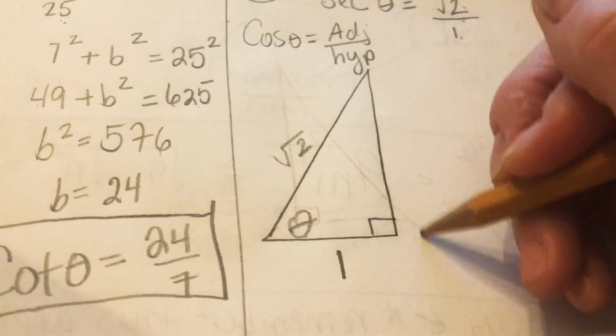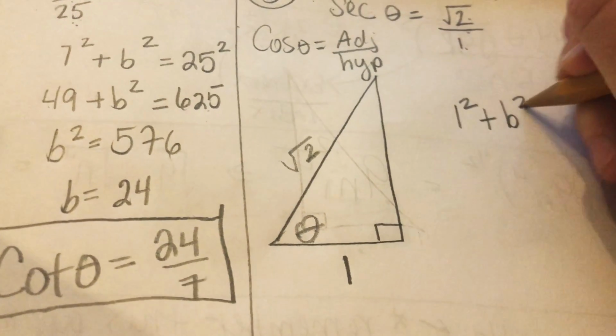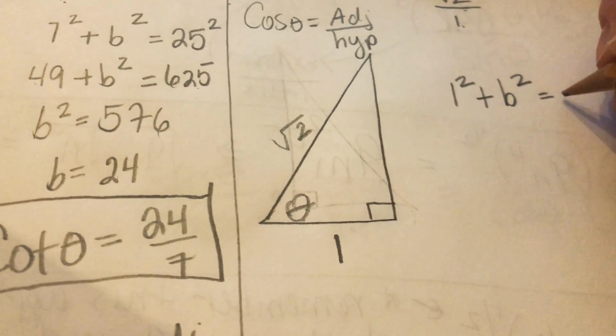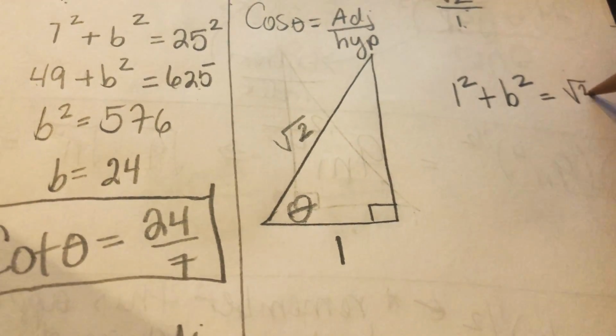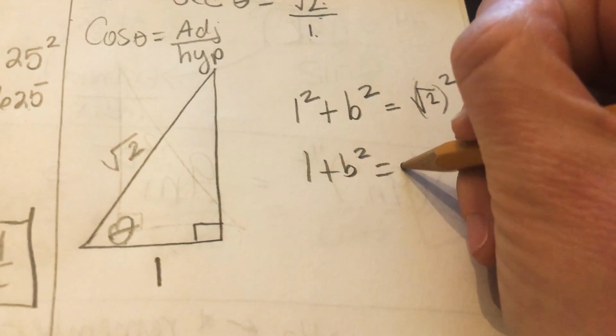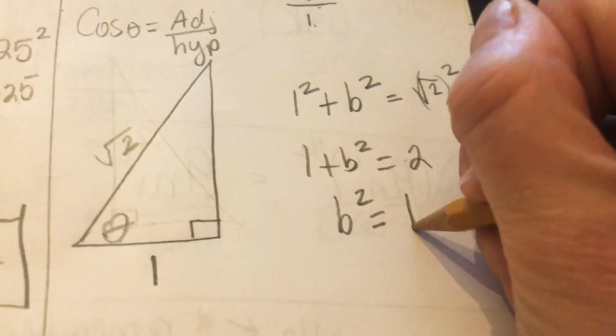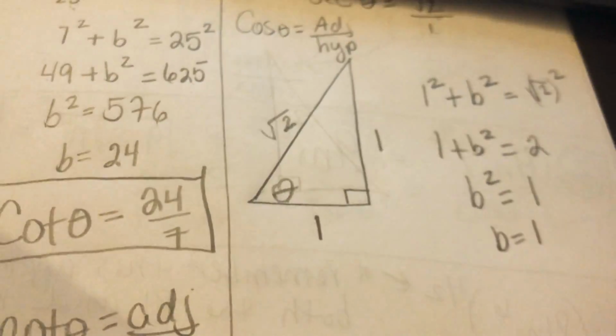Now I got to find this missing leg. 1 squared plus b squared equals radical 2 squared. So that's 1 plus b squared equals, radical 2 squared is just 2. So now I have b squared equals 1, b equals 1. So this leg's also 1.